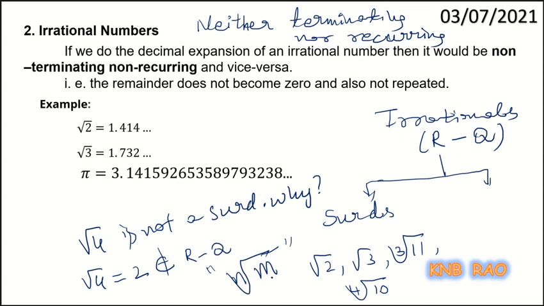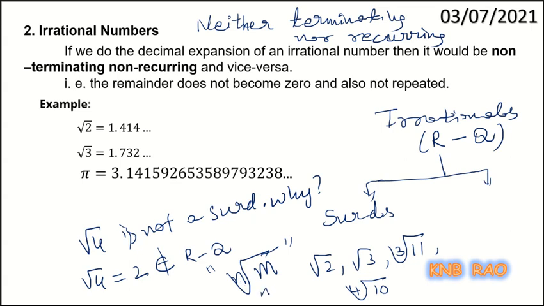First, nth root of m should be an irrational number, it should belong to the irrational number set, where m is a positive rational number, and n is a positive whole number, or you can say natural number, where n cannot be 1.